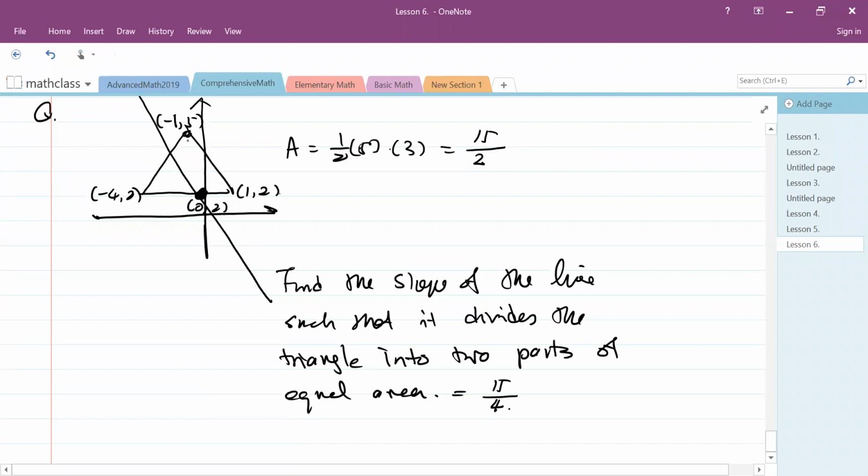Because if we pass through that point, the right hand side of the triangle has a smaller area than the left hand side. So it must be a little bit lower, below the point. Okay, clear, right? So the question is, what is the slope and how do you determine the slope?